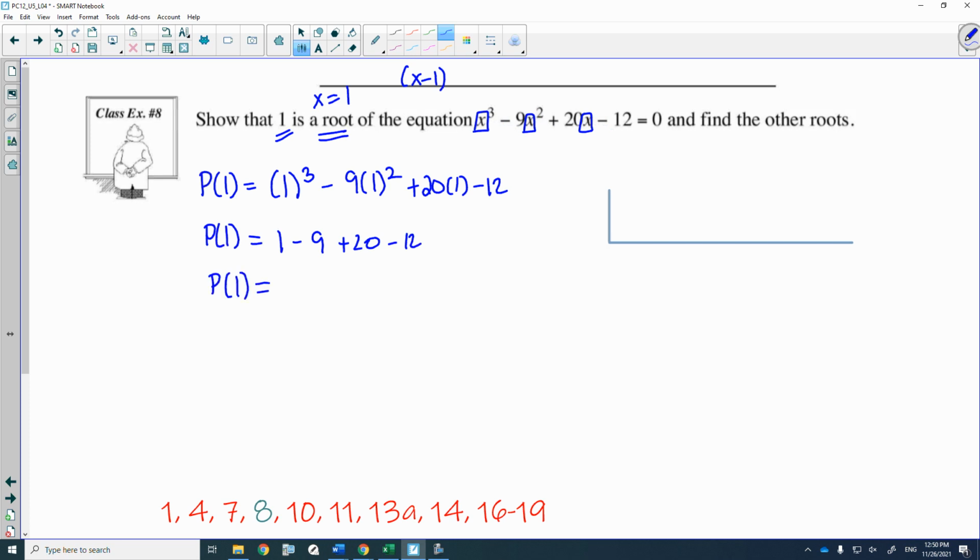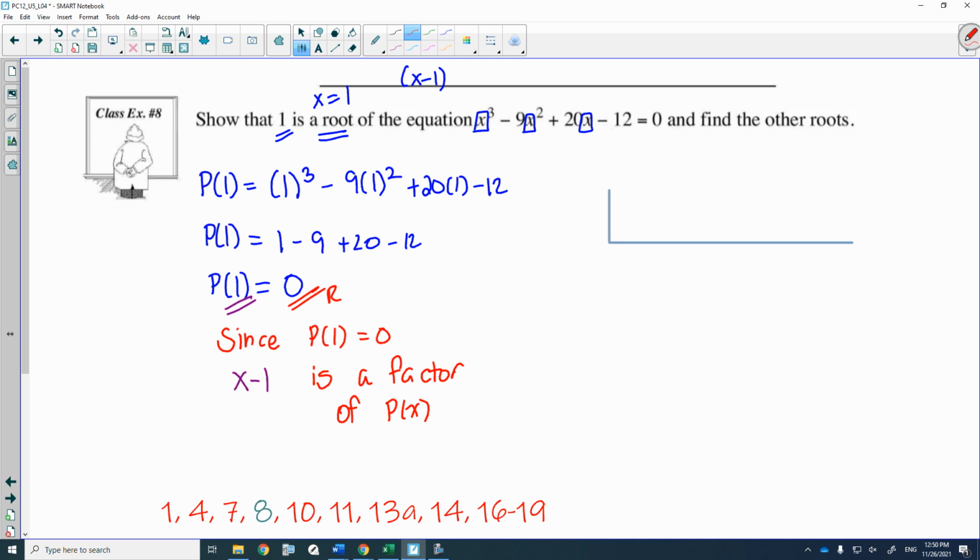P of 1 is equal to 0. Since p of 1 is equal to 0, the remainder is 0. What that means is the divisor to get that root, which was x minus 1, that divisor is a factor of p of x, of the polynomial.